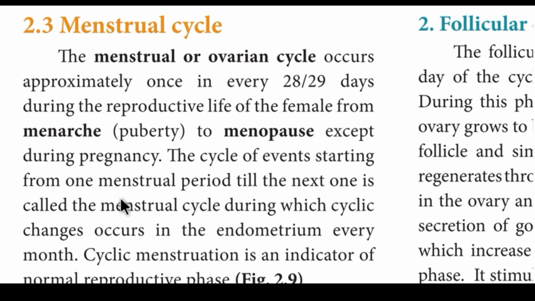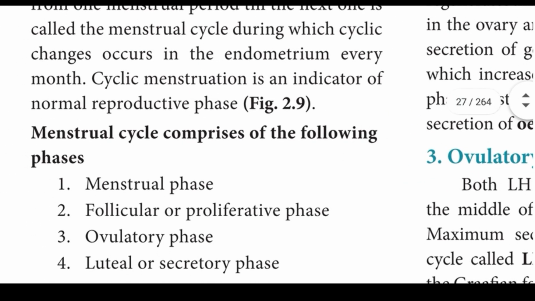A cycle starting from one menstrual period till the next one is called the menstrual cycle, during which cyclic changes occur in the endometrium every month. Menstruation is an indicator of the normal reproductive phase. The menstrual cycle comprises 4 phases: menstrual phase, follicular phase, ovulatory phase, and luteal phase.